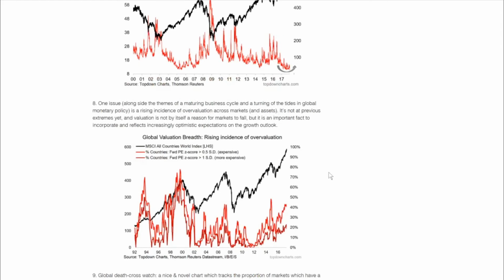One issue that's pretty important alongside these other ones: alongside the themes of a maturing business cycle and the turning of the tides in global monetary policy, you've got a rising incidence of overvaluation across markets and assets. This chart shows the breadth of overvaluation across global equity markets.